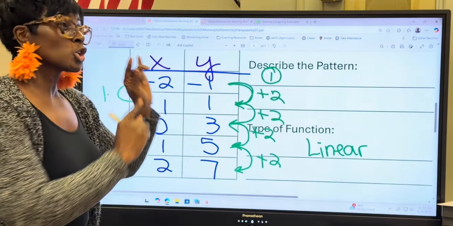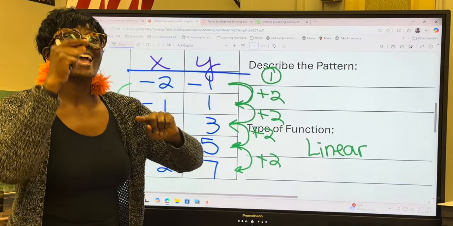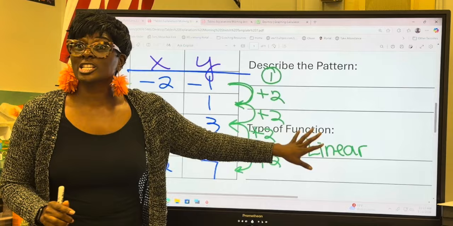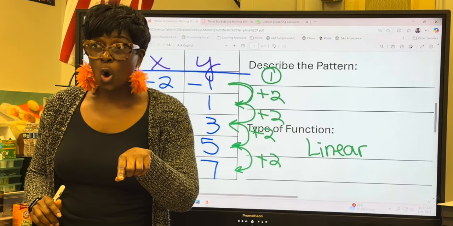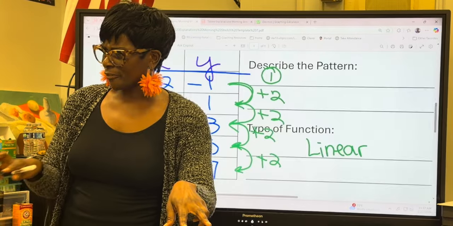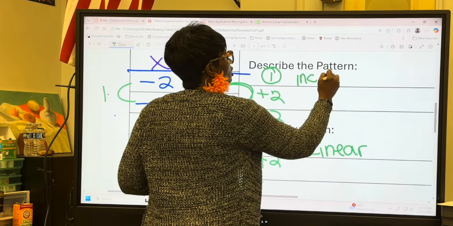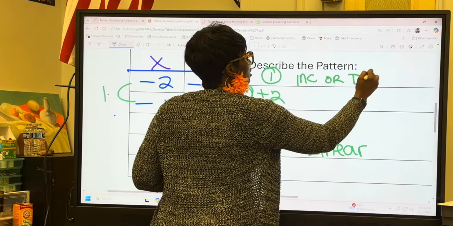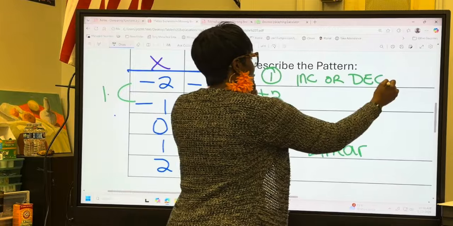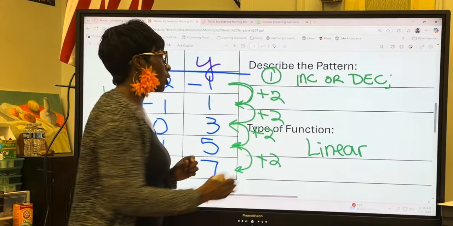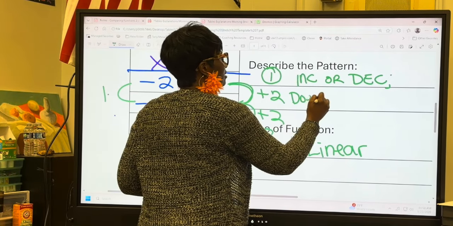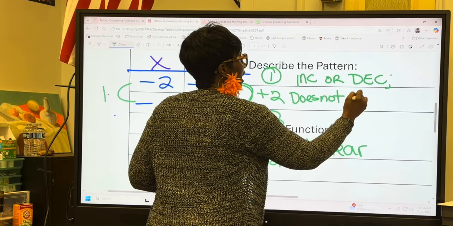No. So for the first one, it increases and decreases. For this one, it increases or decreases. Do you understand the difference? Mm-hmm. All right. So we're going to put here that this can increase or decrease. Does it change direction? No, does not change direction.